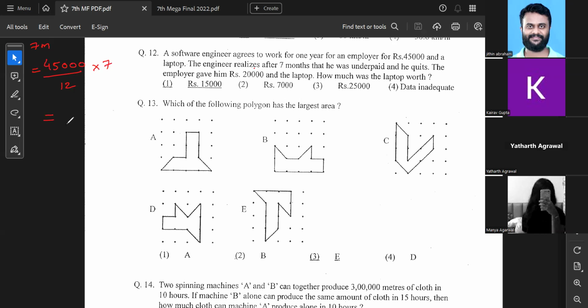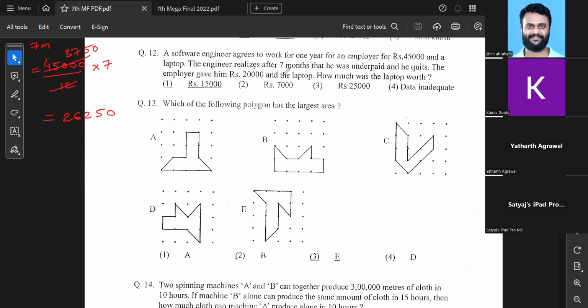Sir, 37,500. Are you sure? No, sir, it's 3750 multiplied by 7. So when you cancel this, you will get 26250. Correct. But then the answer is not matching.